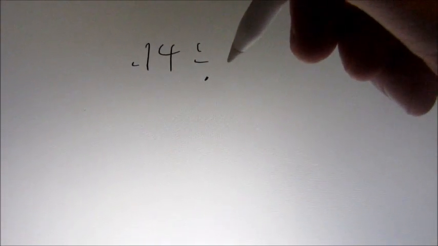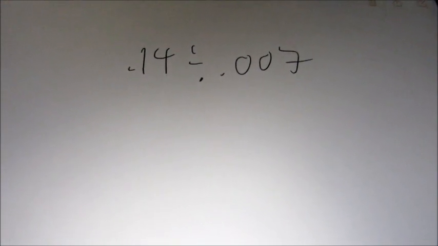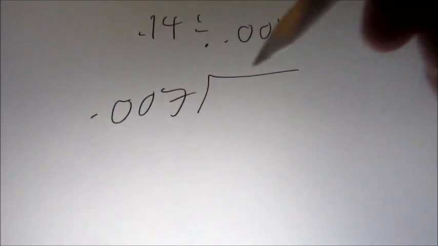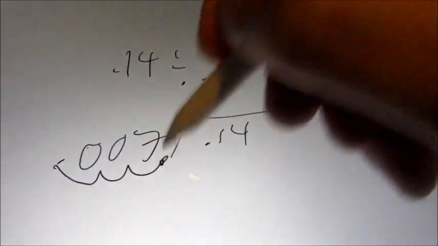So another one, a division where I don't use a calculator. Let's say I have 0.14 divided by 0.007. Okay, so here I'm going to go 0.007 into 0.14. And here I want to move the decimal over 1, 2, 3 spots.